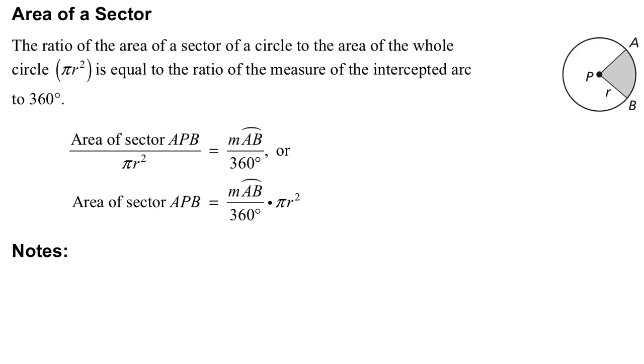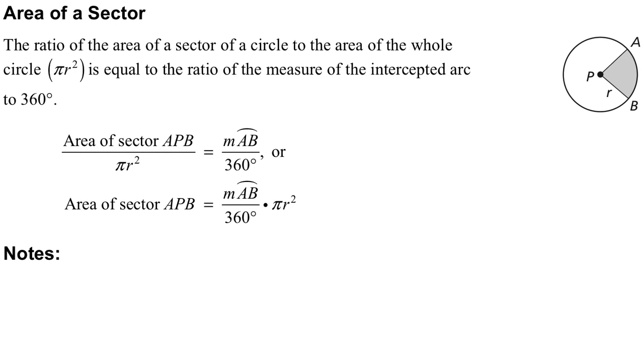So the idea here is we are finding basically a ratio of the measure of the arc, not the arc length, but the measure of the arc, so that degree compared to the whole circle, which is 360 degrees. So for example, if I had a 90-degree angle, 90 on a 360 would be 1/4.